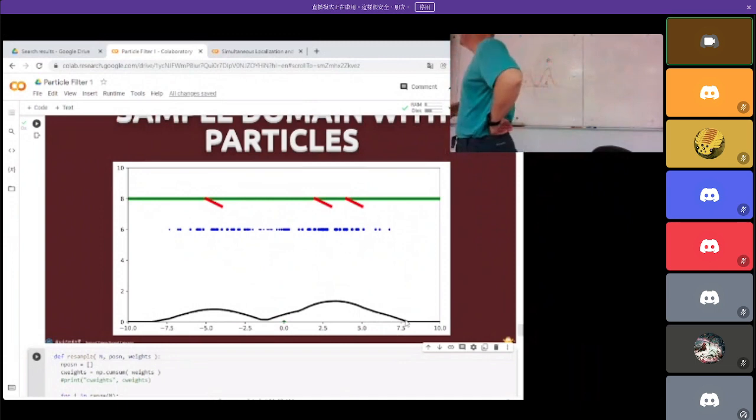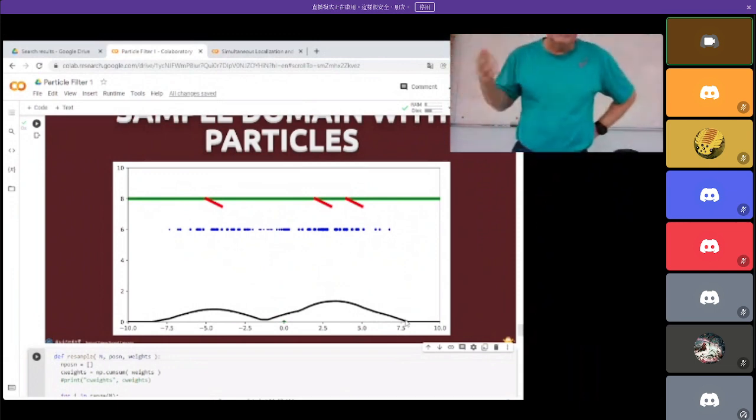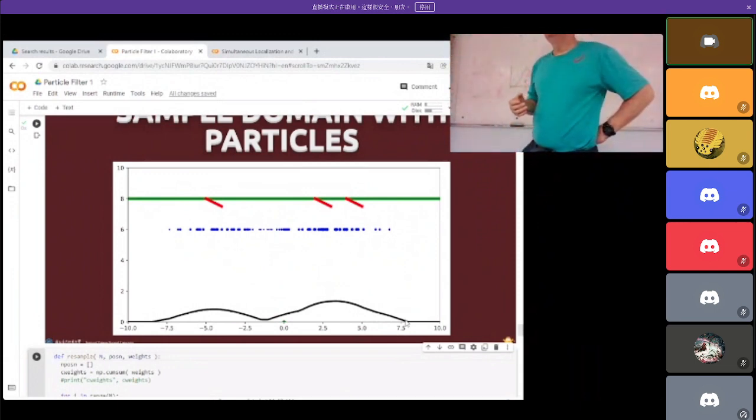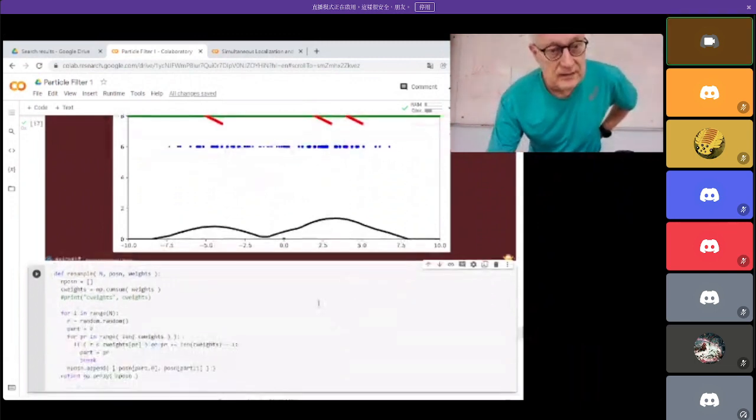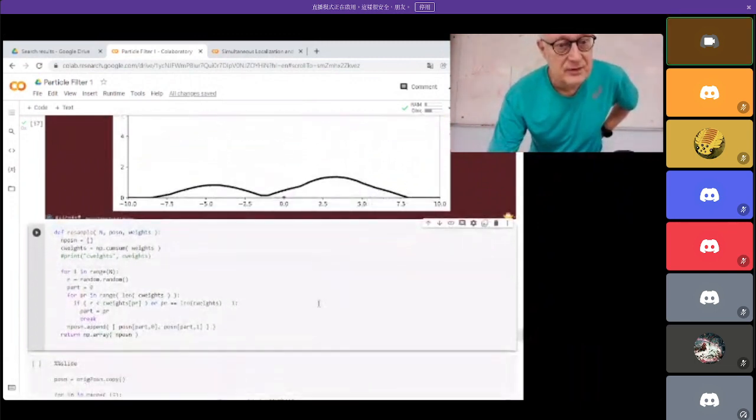Technically, that's called importance sampling, because we're constantly changing the makeup of our particles to focus on the important regions, on the ones that have a high likelihood of actually being correct. So this is it here. This is the resample step.